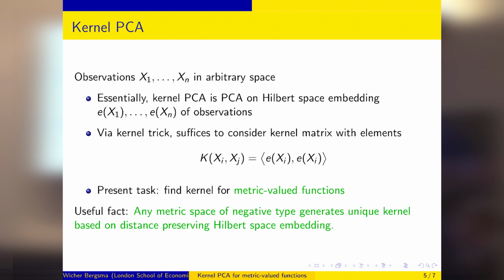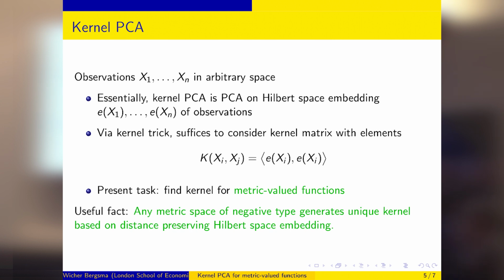So essentially kernel PCA is PCA on a Hilbert space embedding of the observations. So via the kernel trick, we don't need to actually compute these embeddings. We just need to compute the inner product of the embedded observations, which is a kernel matrix.